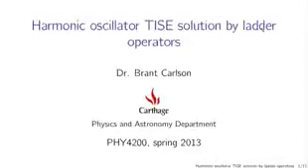Just to set the stage, the potential that we're working with here is the potential of a harmonic oscillator. The amount of energy, essentially, that you get if you displace a particle attached to a spring from equilibrium. If you remember spring potential energy, the potential as a function of x is 1/2 the spring constant times the displacement x squared. But it's traditional to write this instead in terms of the angular frequency.